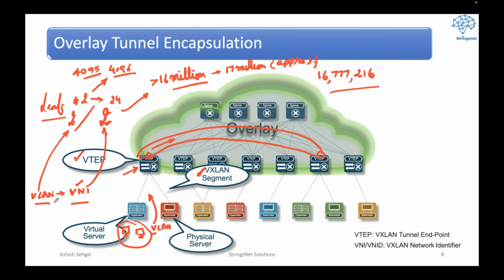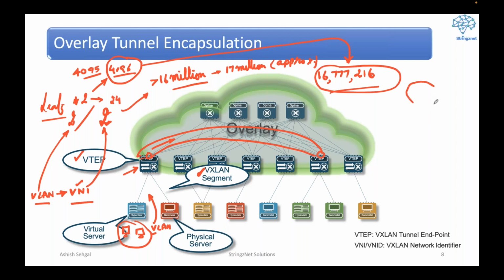What did we say? VLANs get mapped to these VNIs. So a big question, and a very common question which should definitely pop up in our mind is, when we are doing mapping, how is it possible that 4096 IDs are going to be mapped to approximately 17 million IDs?